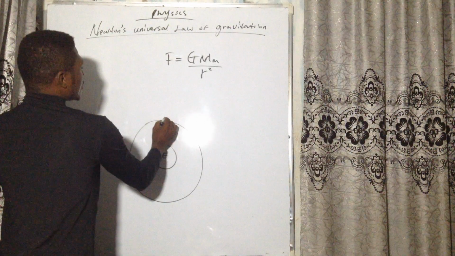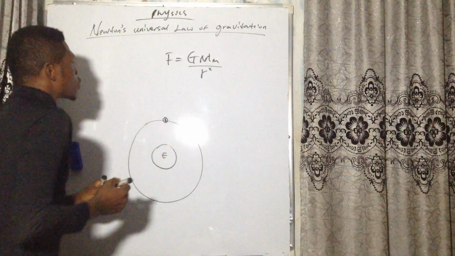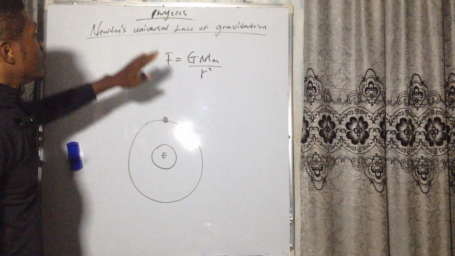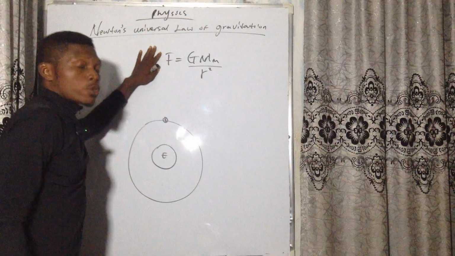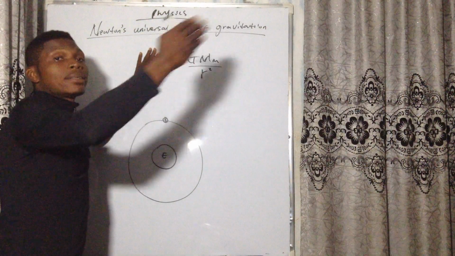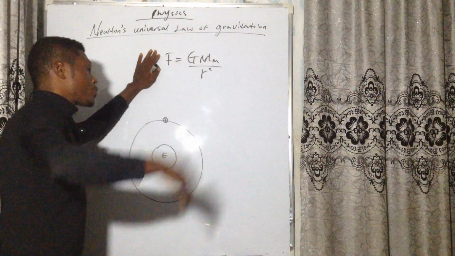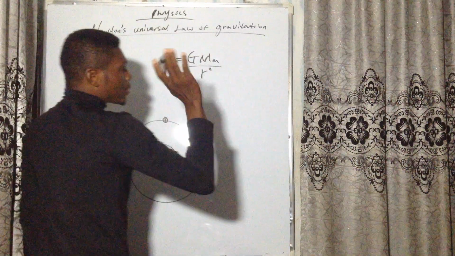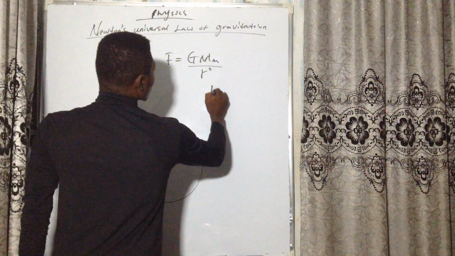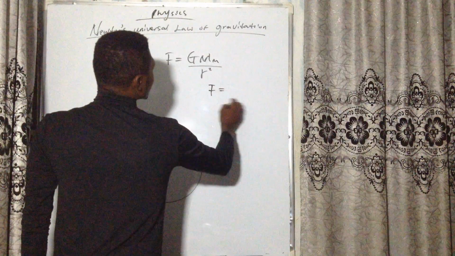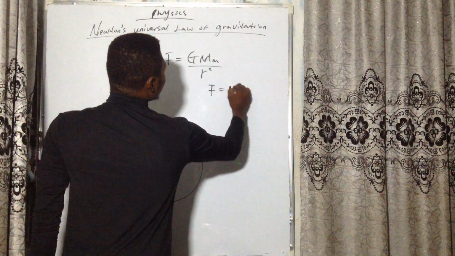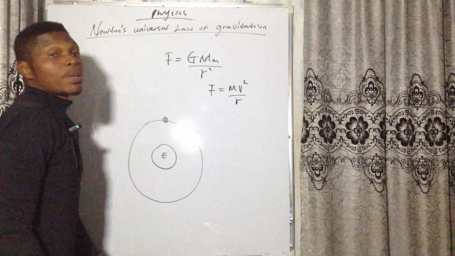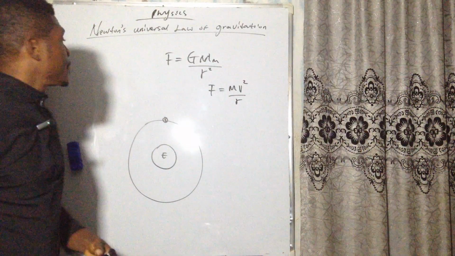Let's say this is satellite X. The gravitational force of the Earth provides the centripetal force on the satellite. From circular motion, the centripetal force is F equals mv squared over r.